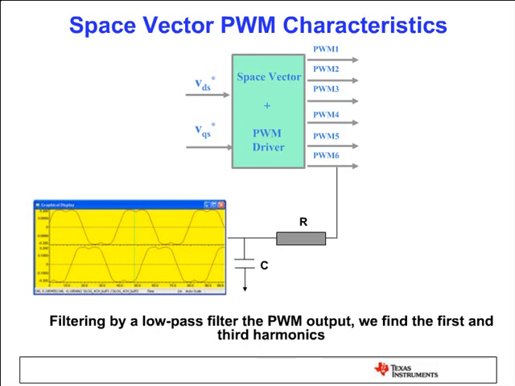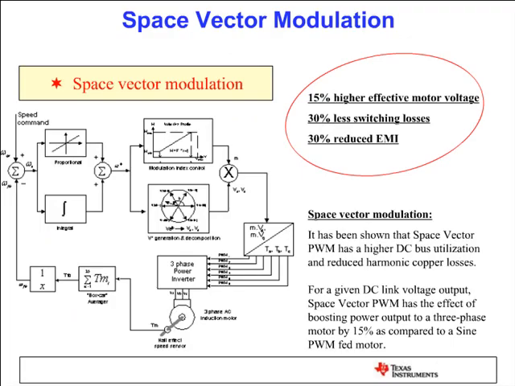So this helps us to control the motor more efficiently because we need less DC bus voltage in order to create the same sine wave, because the peak value of the sine is tapered. So with less DC bus voltage we can create the same sine waveform.